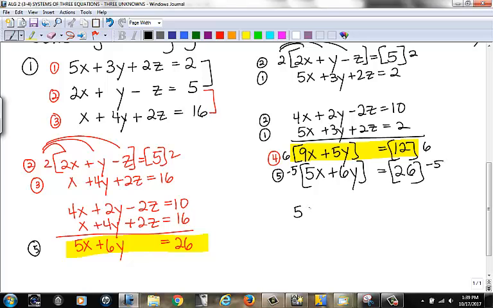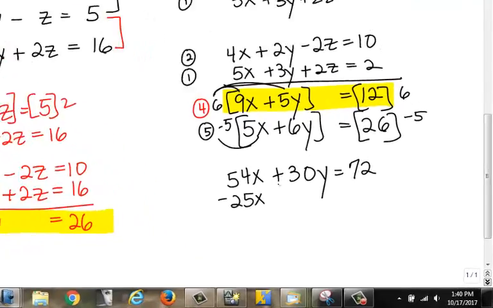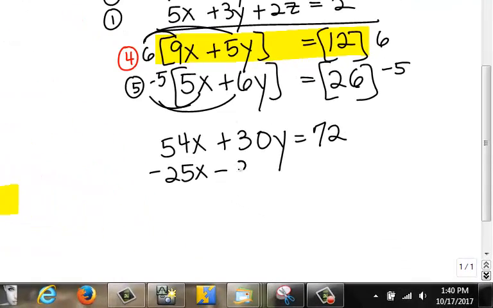Okay, so on the top equation, I'd have, check my arithmetic, 54x plus 30y equals 72. Then I'd have negative 25x minus 30y, and when you multiply that, you get a negative 130.